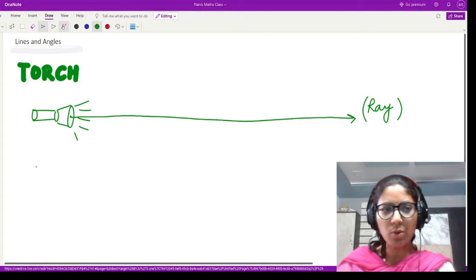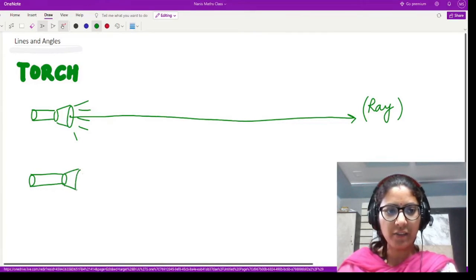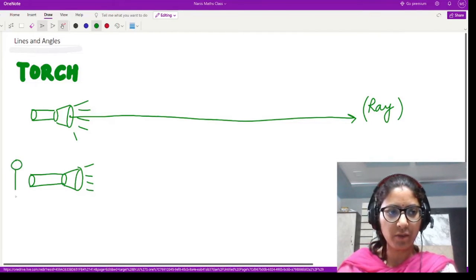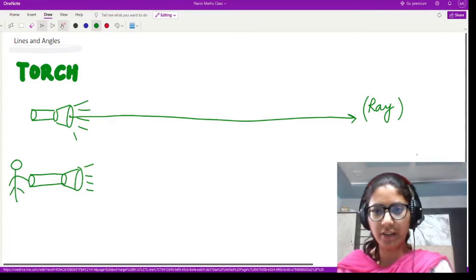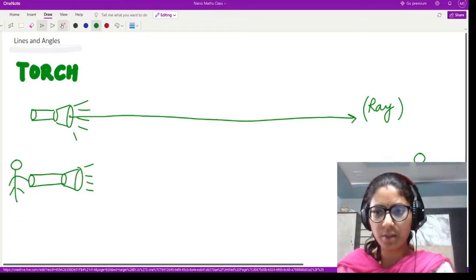Now suppose we have the same torch held by one person on this side, and a second torch of a similar kind. So we have person number 1 standing here holding up this torch, and another person standing just opposite, holding another torch of the same kind.